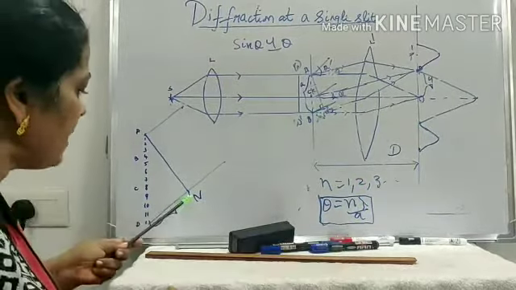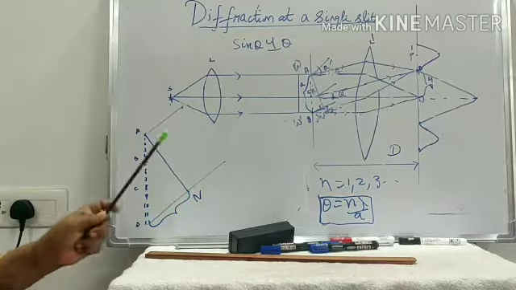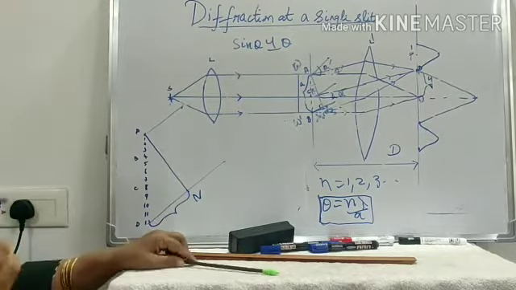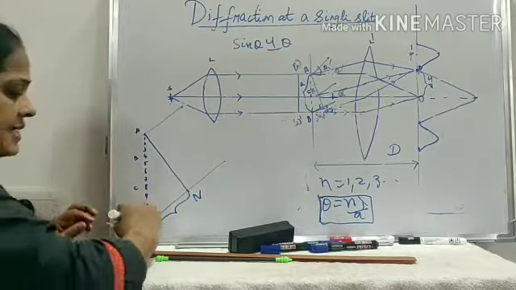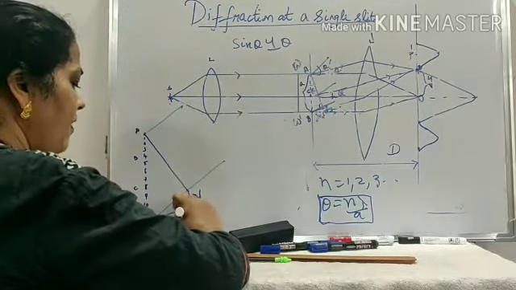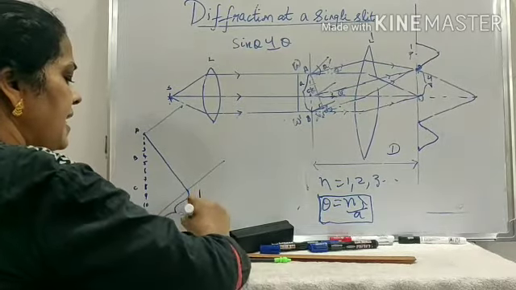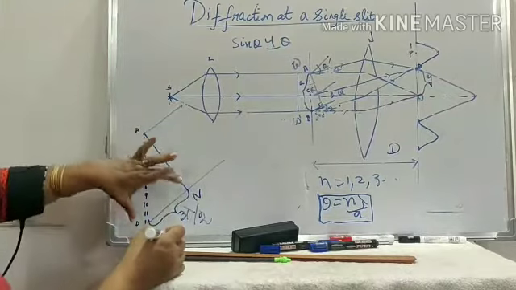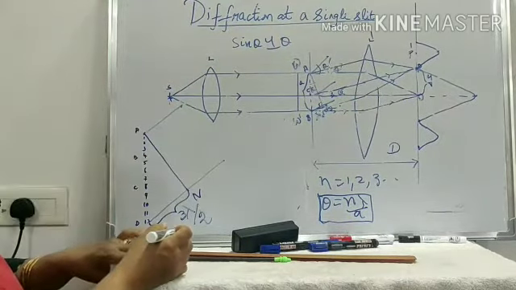So what can be the possible path difference greater than lambda and less than 2 lambda? It can be 1.5 lambda. So let us consider the path difference between the extreme wavelets to be 1.5 lambda, or 3 lambda by 2.